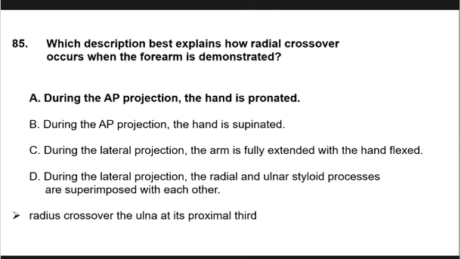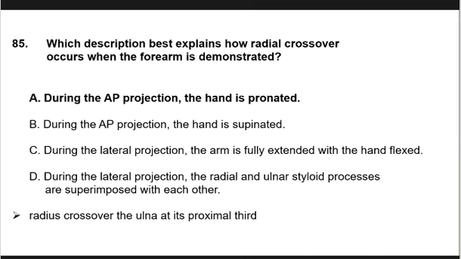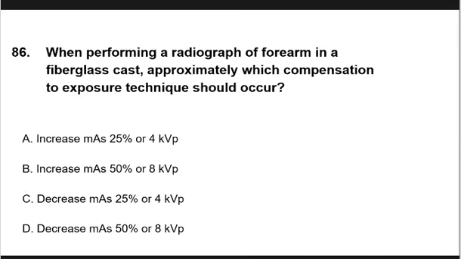Naka-cross over yon kung naka-AP projection but the hand is in pronation. Dahil ang normal, ang walang crossover, ang proximal end of the radius over the ulna when the hand is in supination. Okay. Number 85, alpha is the answer.